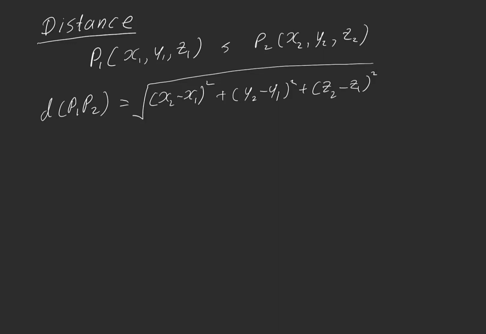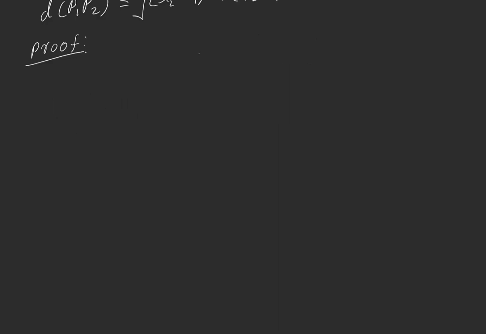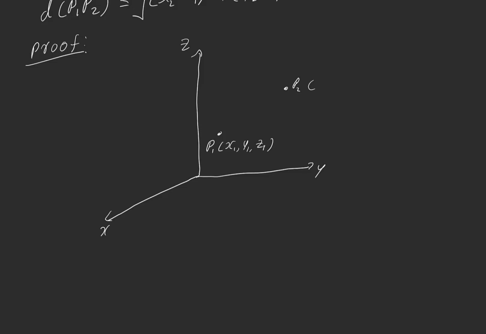It's better to understand the proof of this, so let me explain the proof. XYZ coordinate system, x, y, z. So P1 is x1, y1, z1 and P2 is x2, y2, z2.